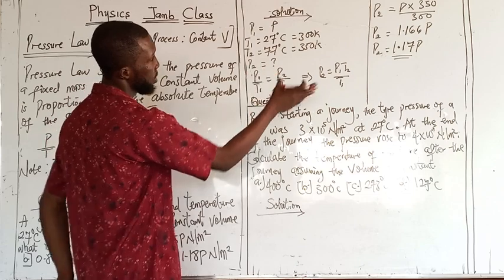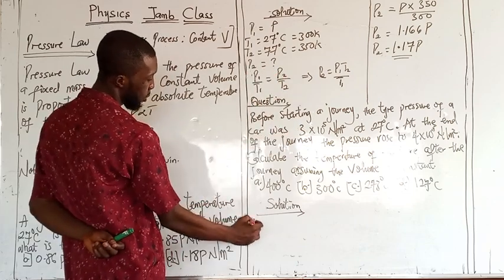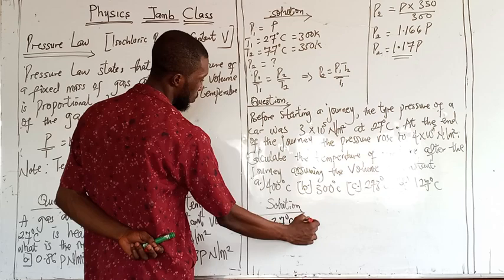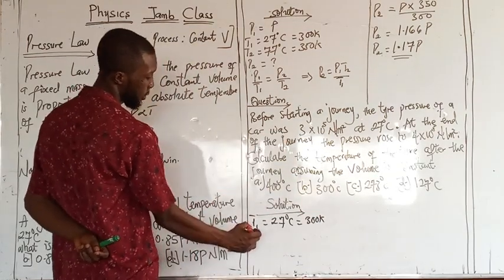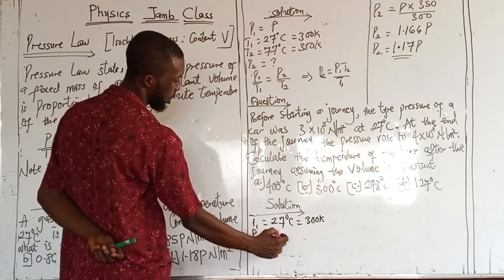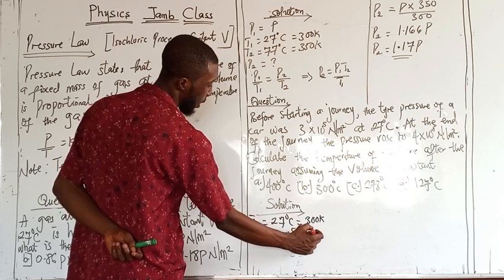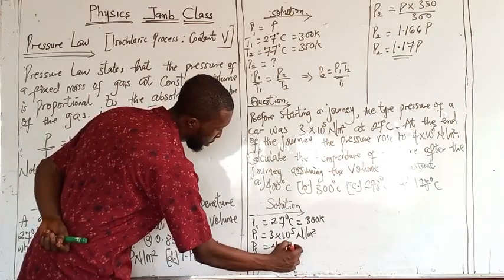So from this equation, we are given the initial temperature T1 as 27 degrees Celsius, which is equal to 300 Kelvin. And we are given our P1 as 3 exponential 5, our P2 as 4 exponential 5 Newton per meter square.